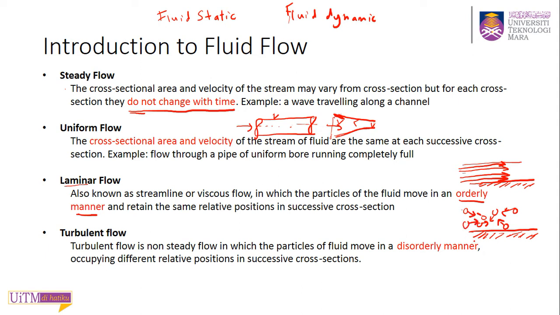If you go to any waterfall, you will usually find turbulent flow, related to very high velocity of fluid. Whenever it moves too fast, it will create turbulence, and that's what we call turbulent flow. The fluid particles are not moving in an orderly manner.